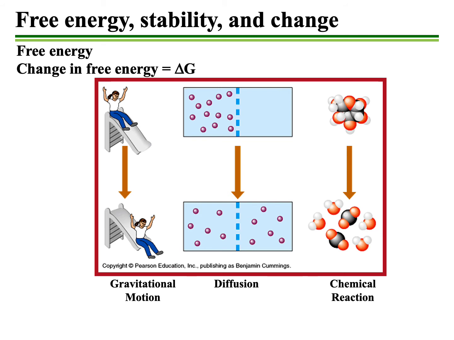And that change in free energy is designated as delta G. So that little triangle before the capital letter G is the Greek letter delta, and this really just means the change in free energy. So again, what we're really interested in is the change that occurs with reactions to help us understand what's happening with the release of energy that can then be utilized in the cell for other purposes.